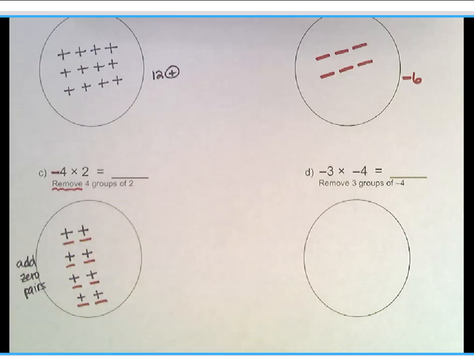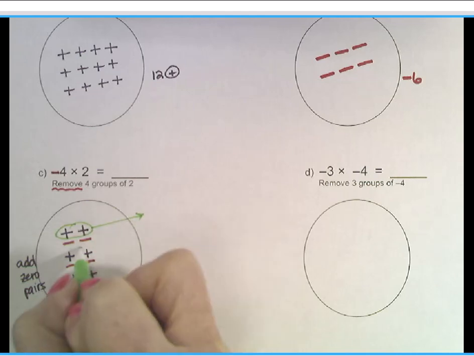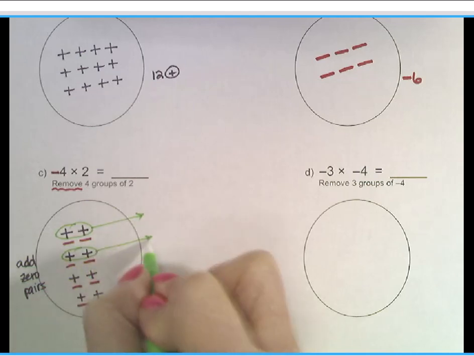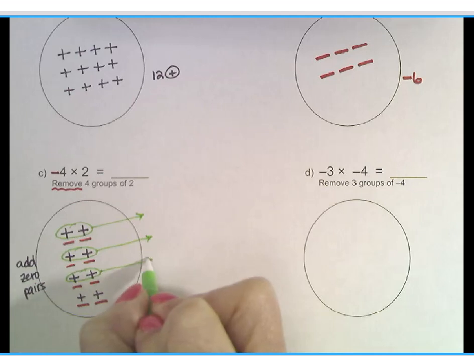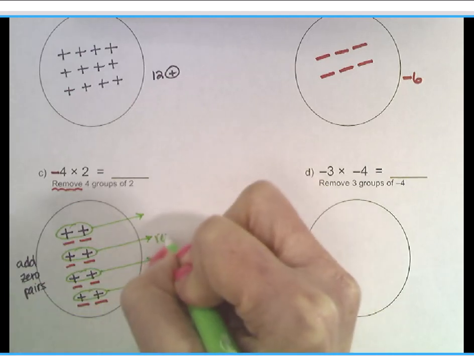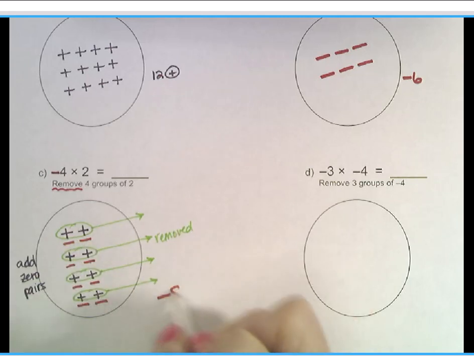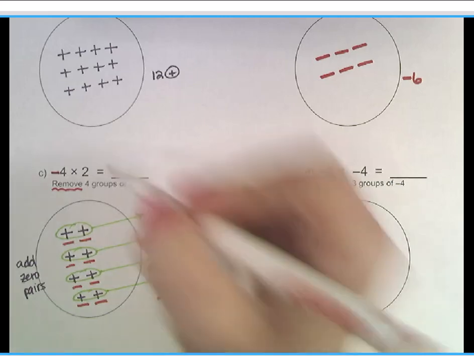So there's 1, there's 2, there's 3, I'll say removed. Remove those 4 groups of 2. And if you take all those pluses and you pull them out, what's left behind? 1, 2, 3, 4, 5, 6, 7, 8 negatives are left behind.